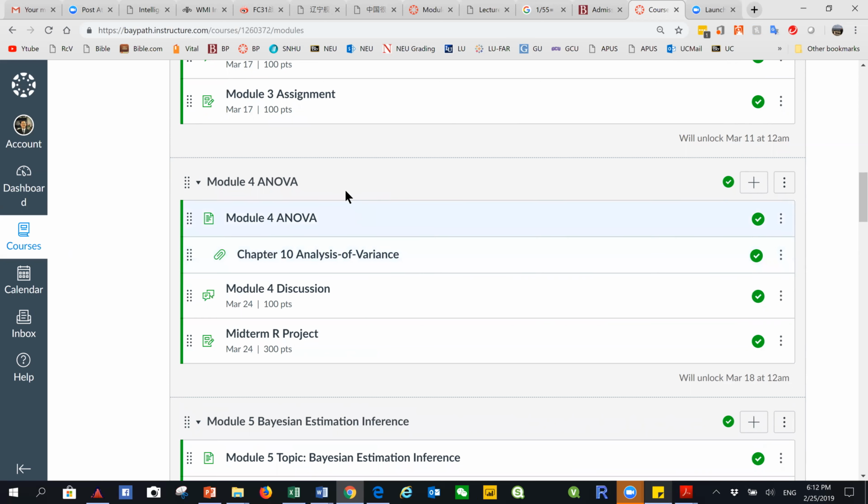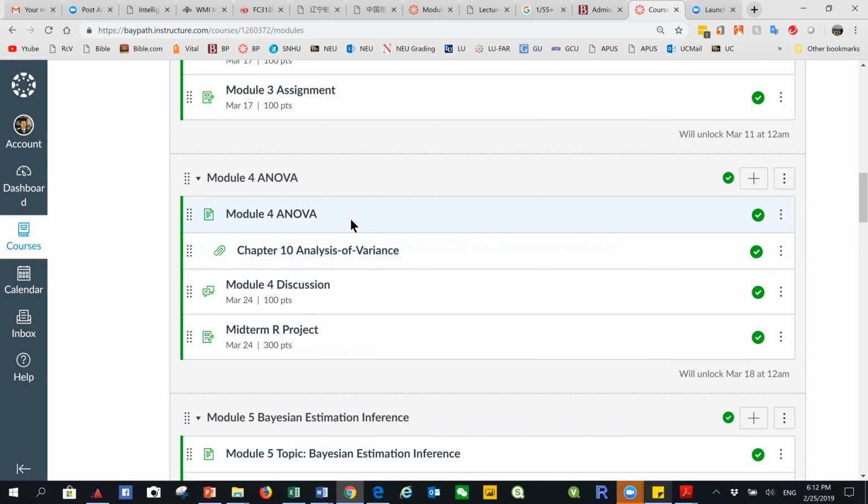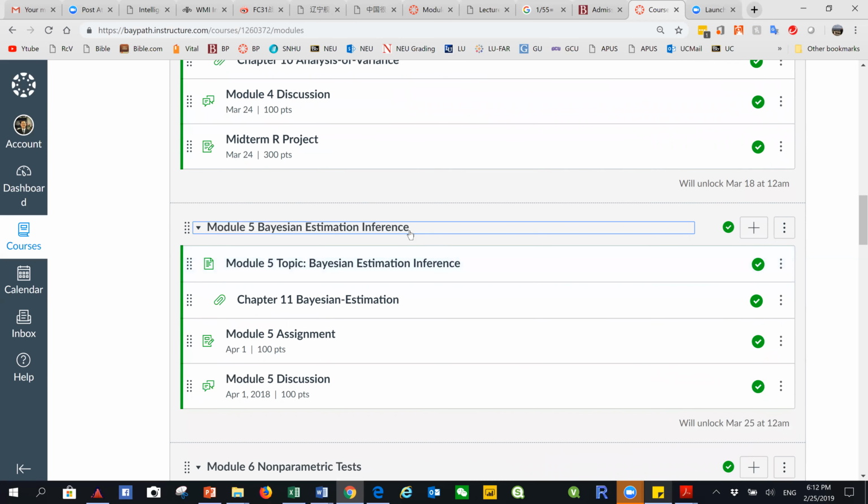ANOVA table is very much used in almost all the advanced statistical tests. It's the comparison of variance for determining whether the multiple means are equal or not. Okay, then we want to see Bayesian estimation inference.